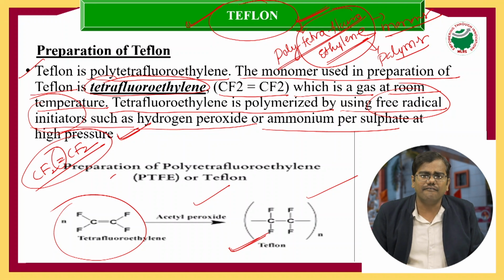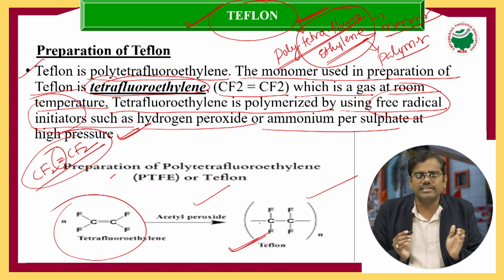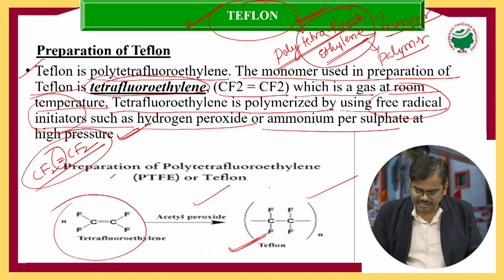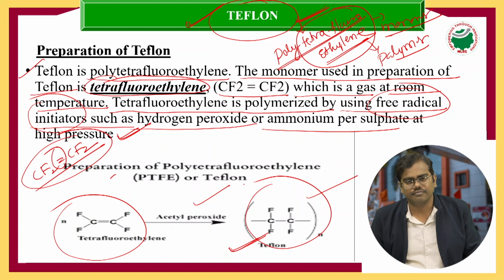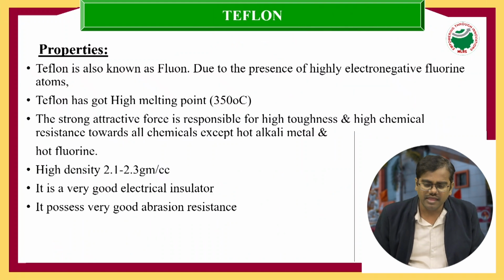Many tetrafluoroethylene monomers combine with each other and polymerize to form a macromolecule, a substance of large molecular weight, that is called Teflon. That's all.